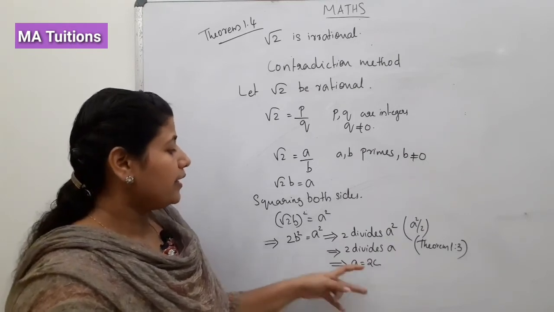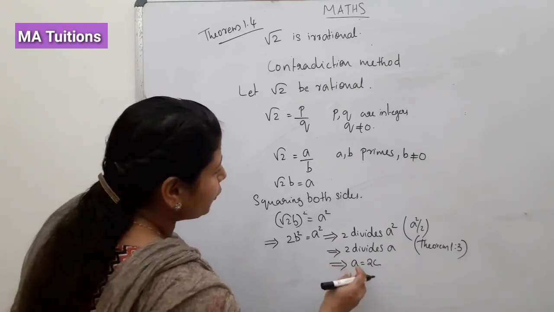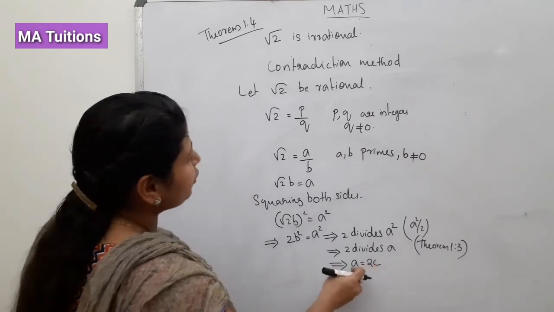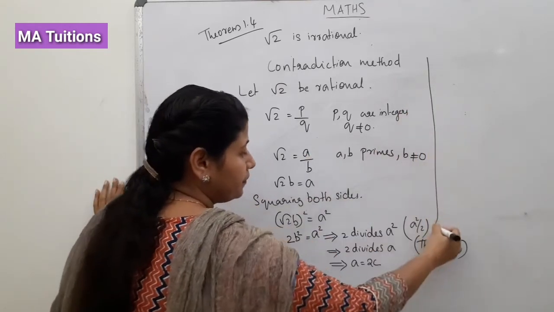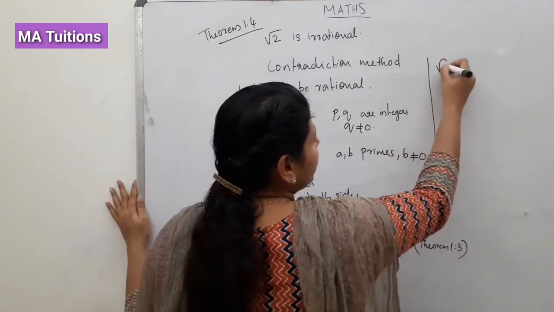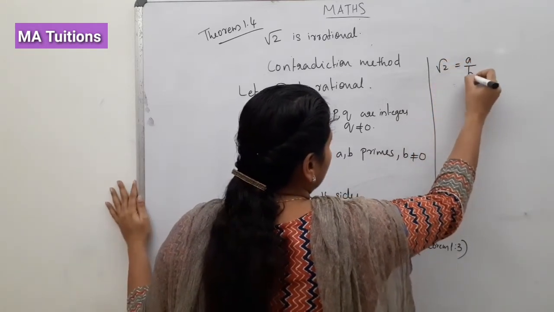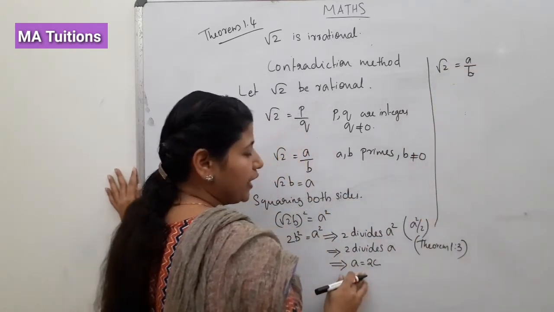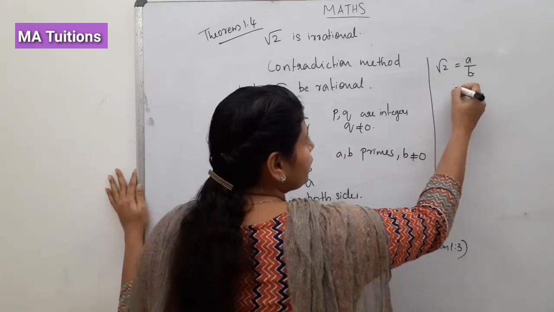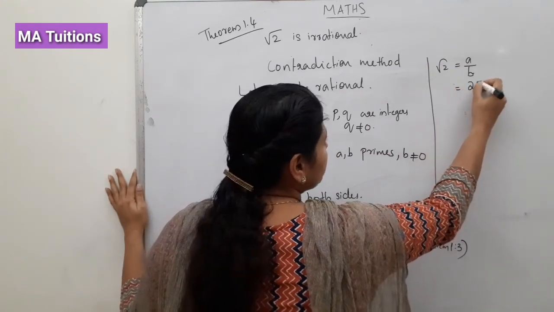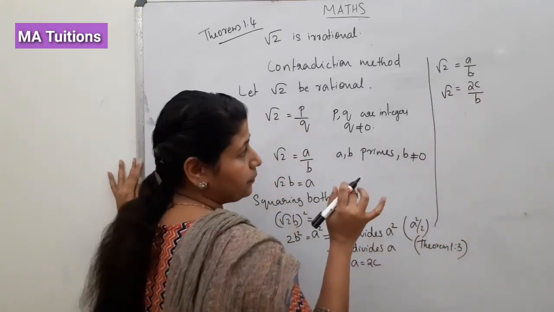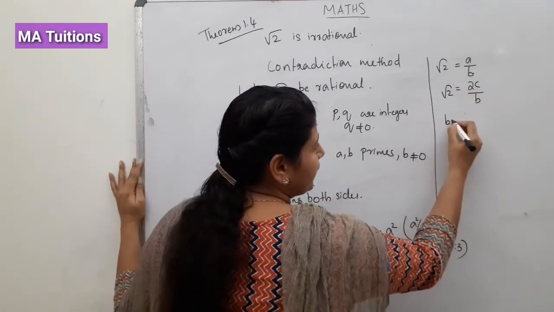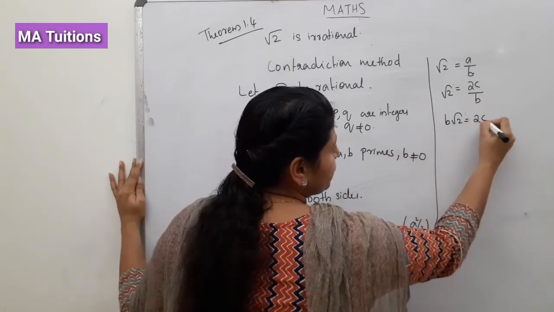Now we want to put this A equal to 2C in this. We have root 2 equal to A by B, and substitute the value of A in this. So we will get root 2 equal to 2C by B. Just cross multiply, you will get B root 2 equal to 2C.